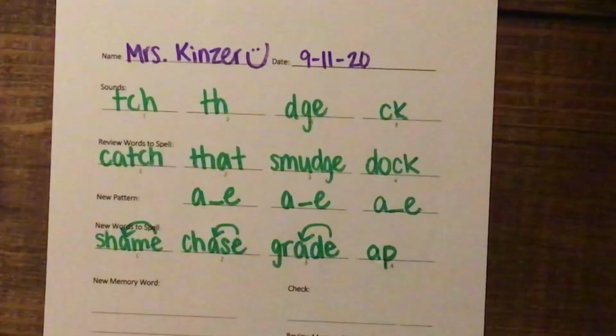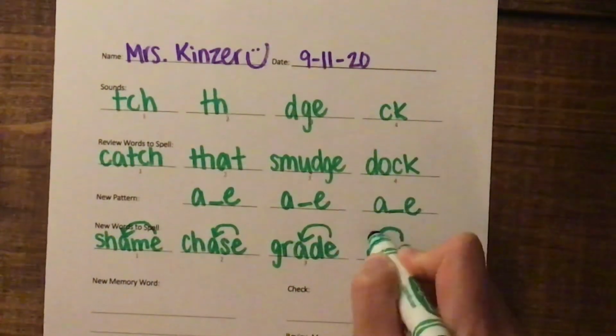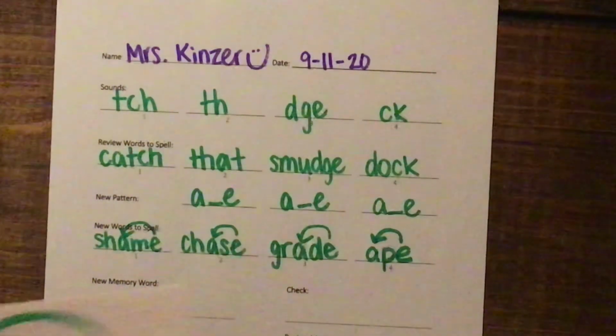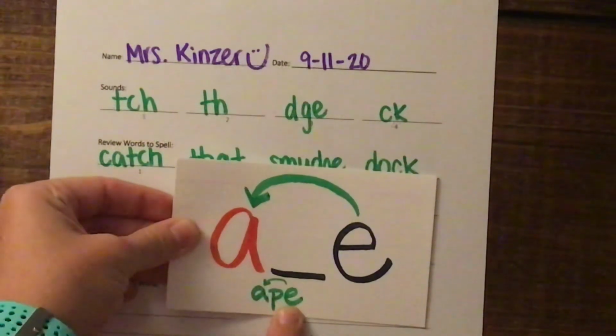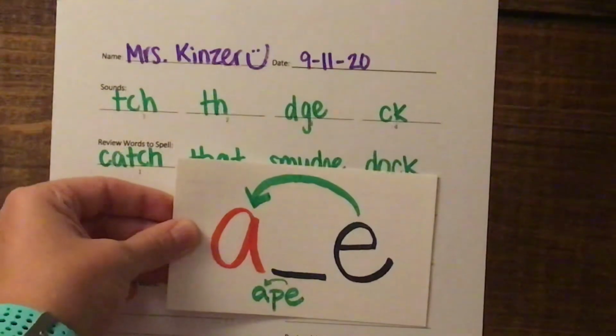It has one vowel, ends with a consonant, so the vowel says its short sound. To get that A sound, I need that E on the end because I know that E jumps back over one consonant and makes the vowel say its name. So it's going to say ape. And actually, if you guys remember, the key word for this pattern is ape. A, consonant, magic E. The key word is ape.